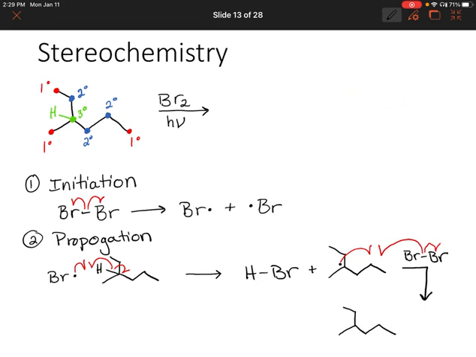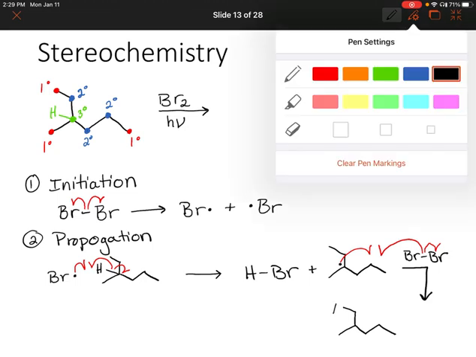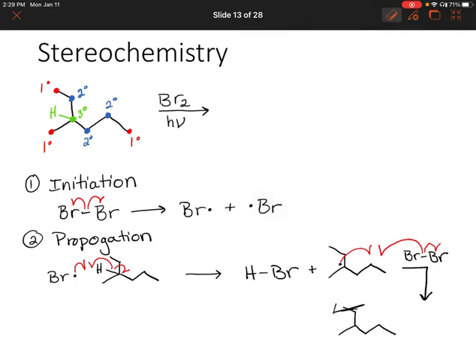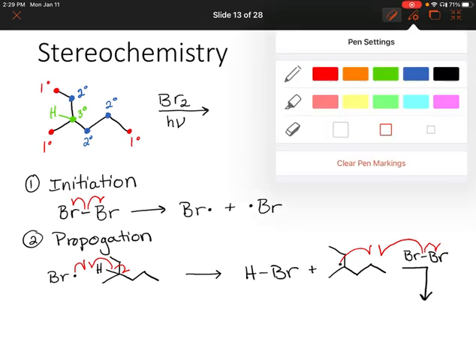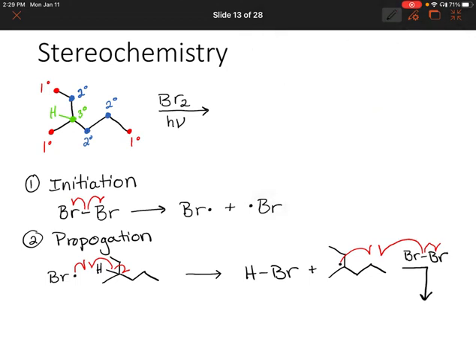Now, when that occurs, actually, let me redraw the product here. All right, so when that occurs, the bromine can either add from the front or the back. So this is kind of like our SN2 reaction, where something can either add from the top or the bottom.